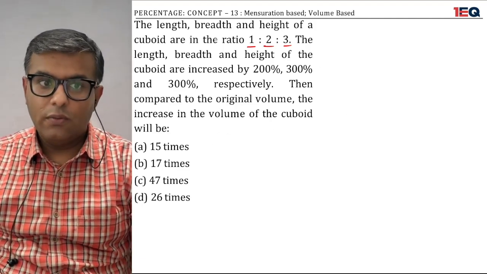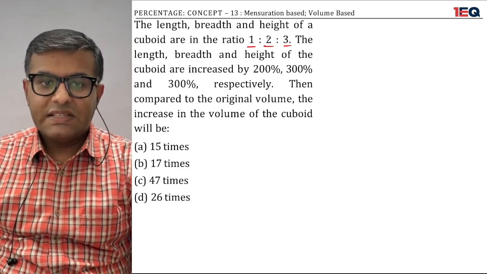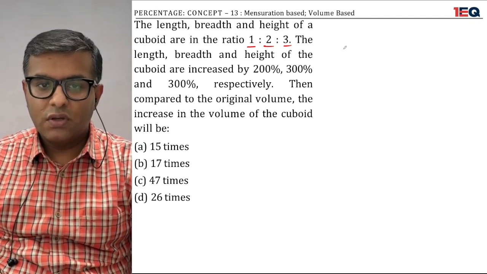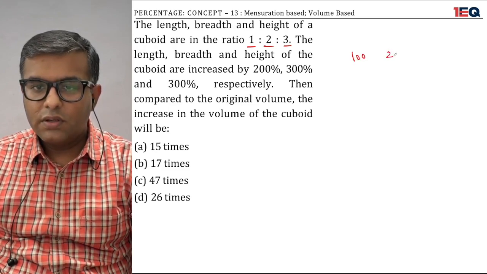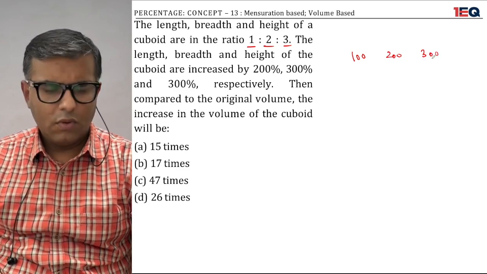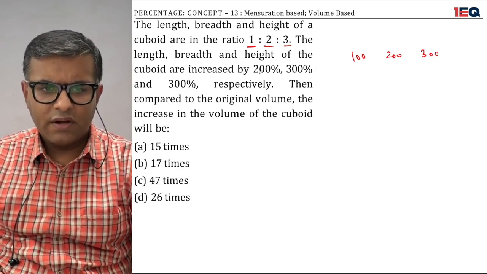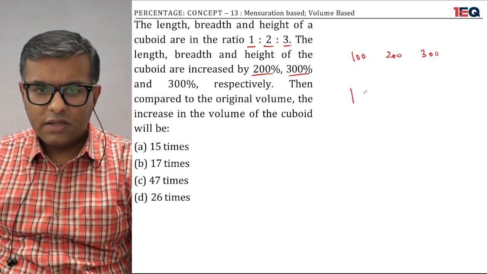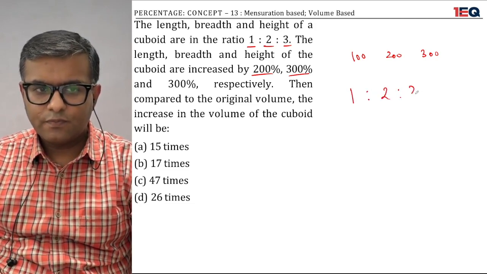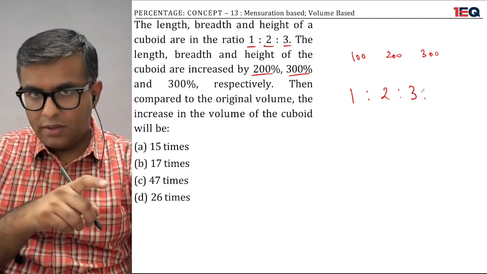So here I go. Let's assume this 1 is to 2 is to 3 to be 100, 200 and 300. Or is it at all required? Because we already have huge percentages. Let it stay as 1, 2 and 3. This is a cuboid.